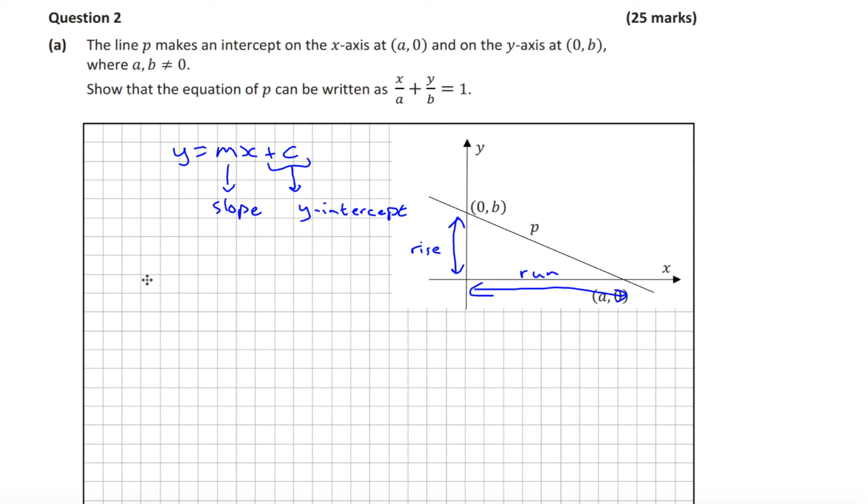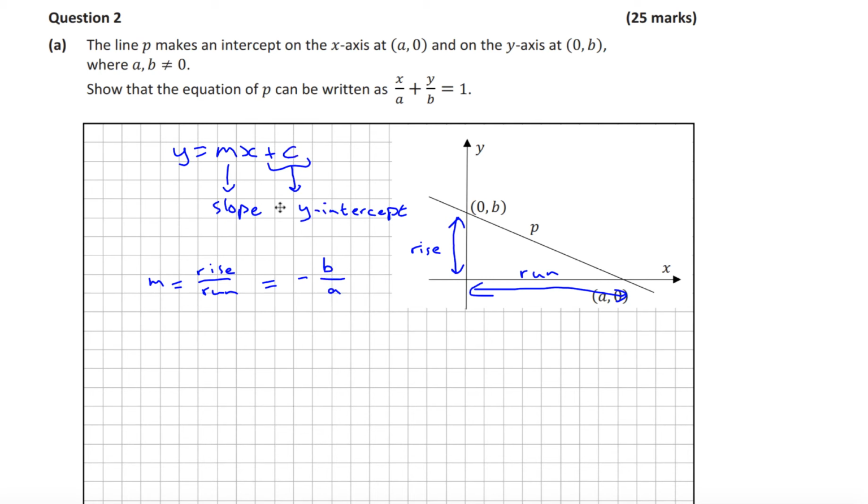The rise, this distance here, is b, the y-coordinate of this point, and the run then is a. It goes as far as this point here, (a, 0). Now just be careful here. This is sloping up to the left, which means it's a negative slope. If you're using the rise over run method to find the slope, you have to account for whether it's positive or negative. So our slope, m, is minus b over a.